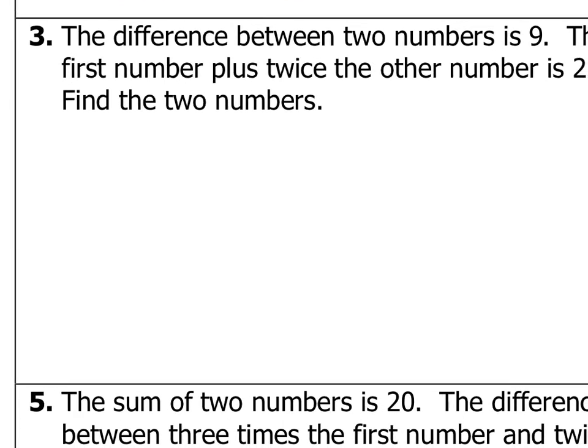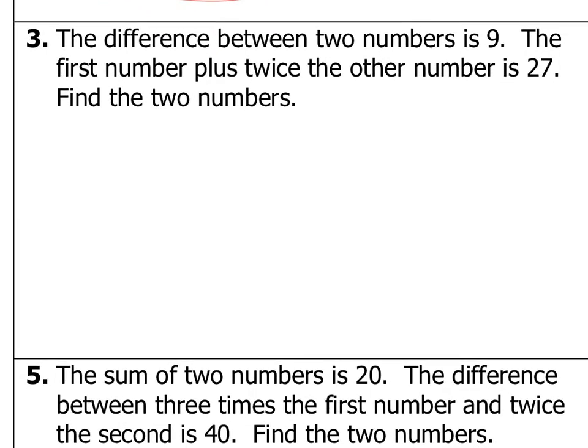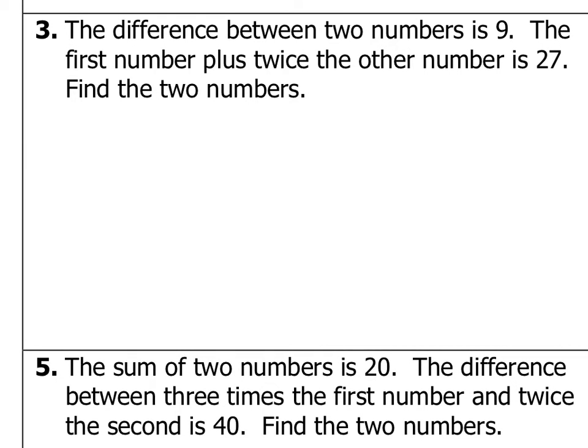Number 3. The difference between two numbers is 9. The first number plus twice the other number is 27. Again, find the two numbers. So first number x, second number y. Difference between the two numbers is 9.